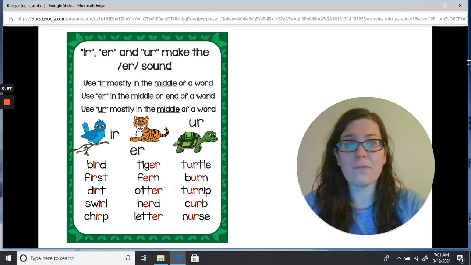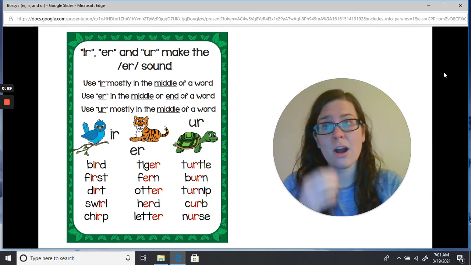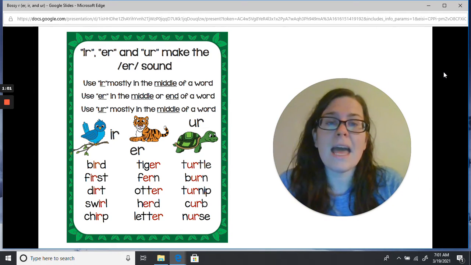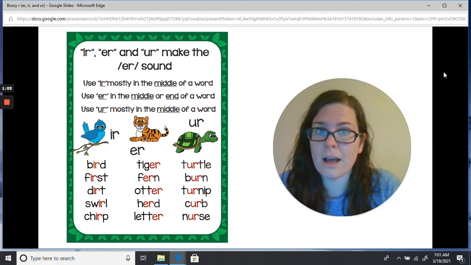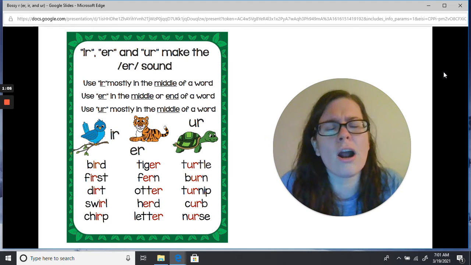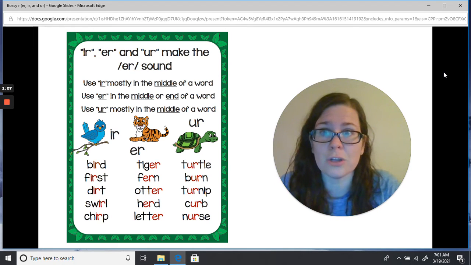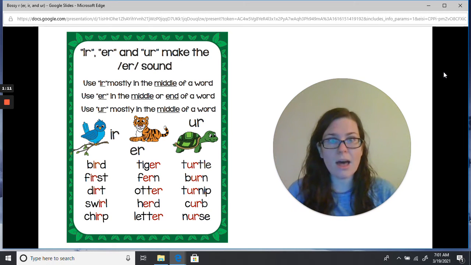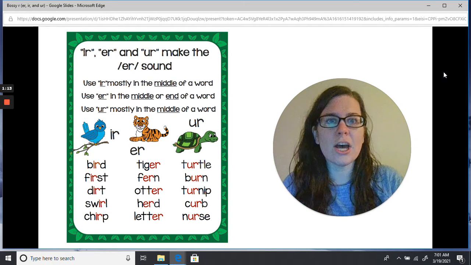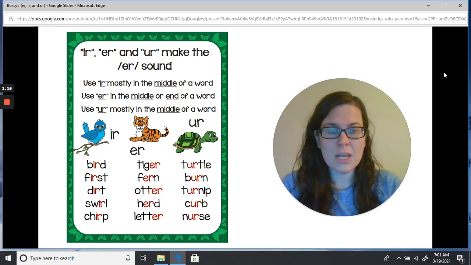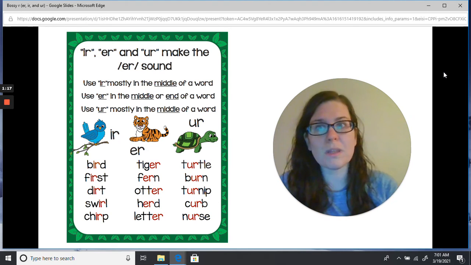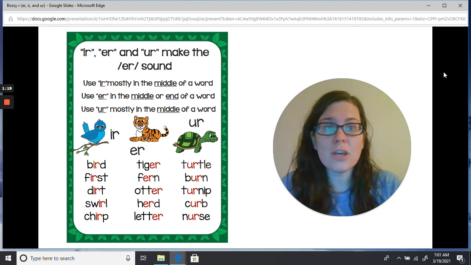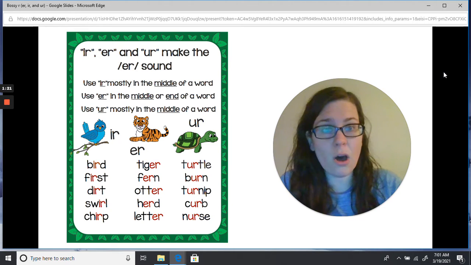Now we're focusing on IR, ER, and UR this week. And when you see those letter combinations, when you see R after I, E, or U, they all make the same sound. So when you're tapping out words with IR, ER, or UR, you only have to make the sound that the R makes.